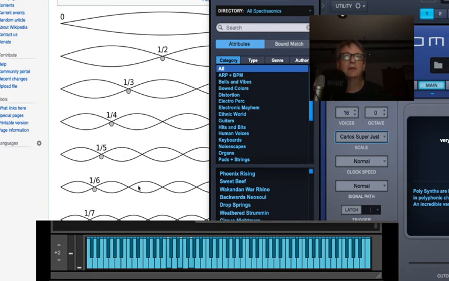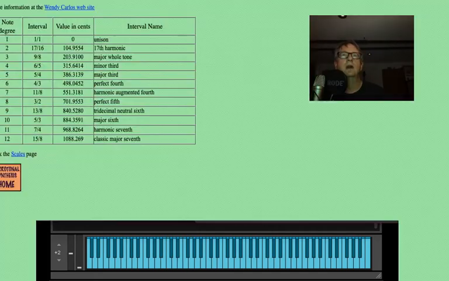Now I'm going to switch over and take a look at our Wendy Carlos tuning here. One thing to recognize is that these numbers are the ratios that we did off our overtone series. So 1-to-1 for our fundamental. Our octave is 2-to-1.